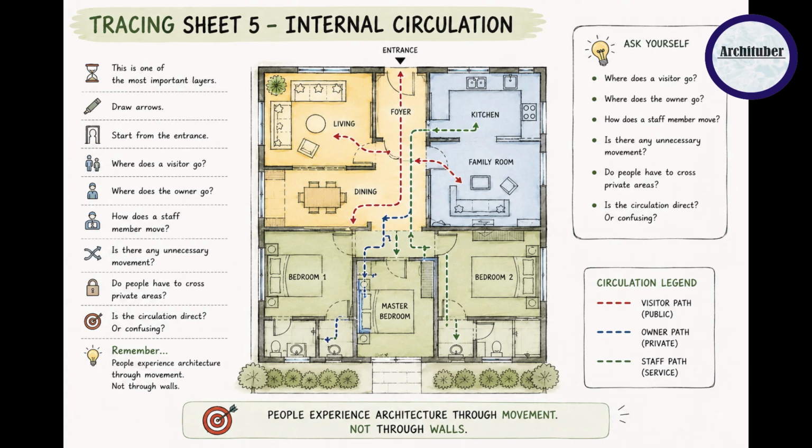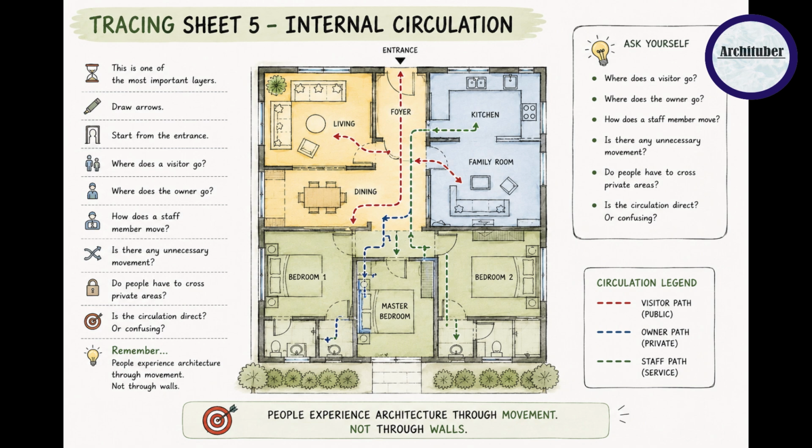For this also use different colors, so that you know which color is dedicated to a visitor or an owner. Is there any unnecessary movement? Do people have to cross private areas? Is the circulation direct or confusing? Remember this: people experience architecture through movement, not through walls.